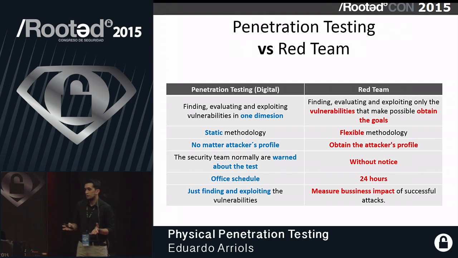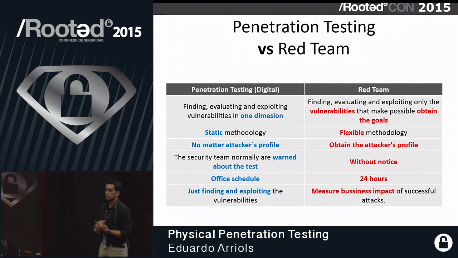And last, penetration testing takes place in office schedule. However, a Red Team exercise is different. You are given some time, and they tell you, okay, for this month you can do the Red Team exercise, and you decide when. When you do it, you can use 24 hours or as much time as you need.